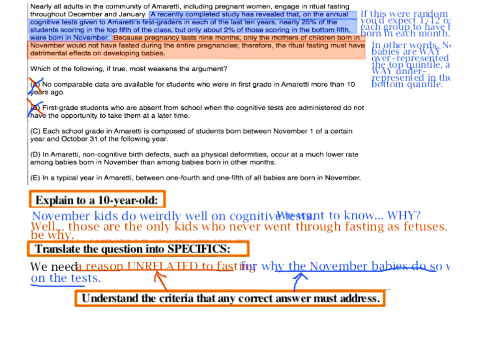This means that the November kids are oldest, which would totally explain both of these things, right? This has nothing to do with fasting, because the November kids are the oldest ones regardless of fasting.